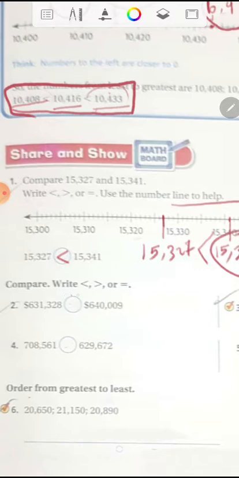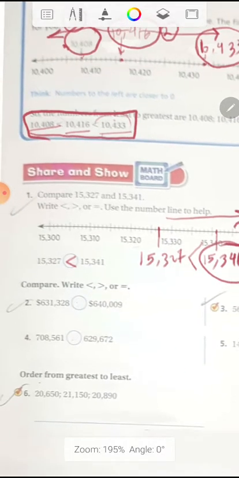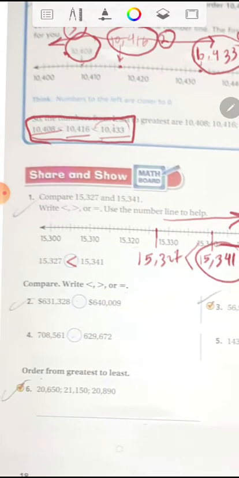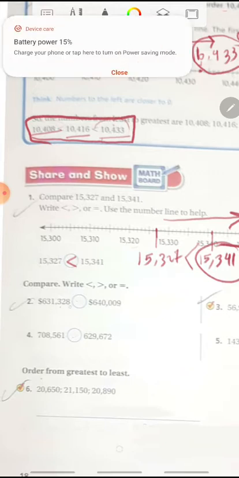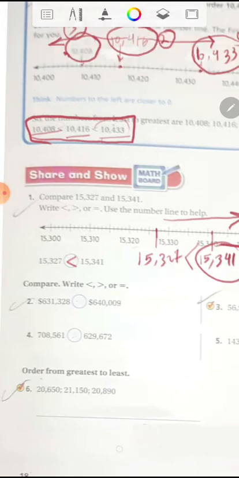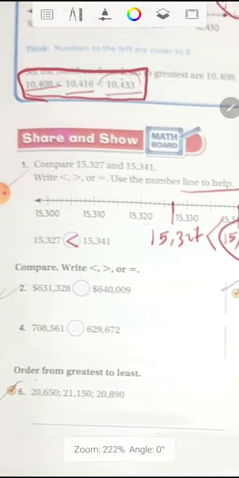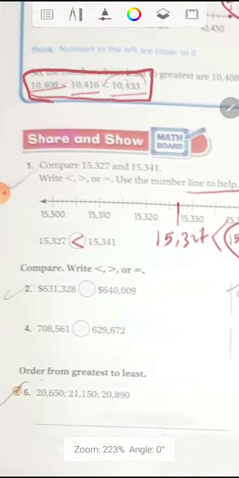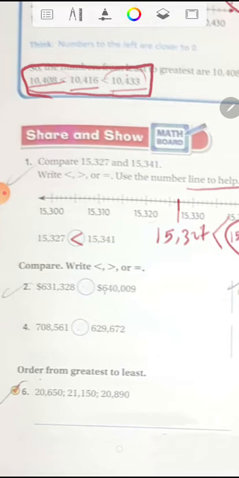Let's compare between those numbers by using those symbols and without using the number line. So let's compare the first numbers. Look here, you have to start from the largest digit, I told you. So let's start. This digit is 6 and this digit is 6. So this digit is 100,000s and they are equal.